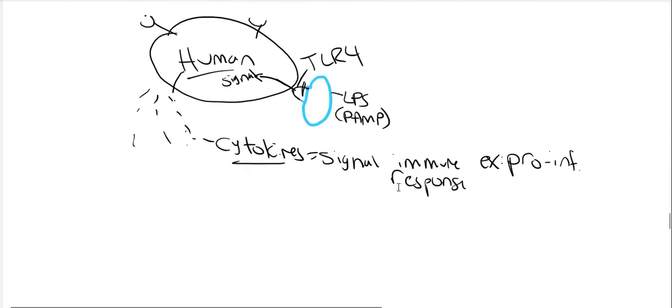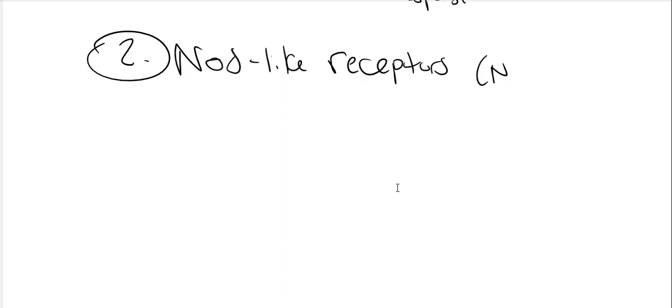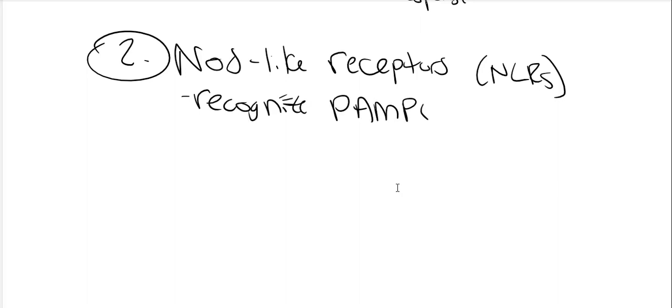So those are the toll-like receptors. Now let's talk about the second class. These are called the nod-like receptors, or NLRs. Nod-like receptors are just like toll-like receptors in that they recognize a variety of PAMPs, many different types of PAMPs.